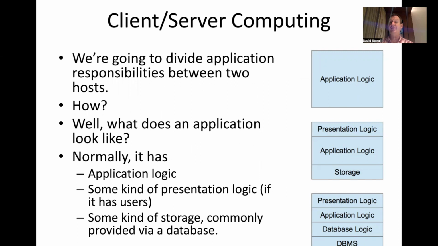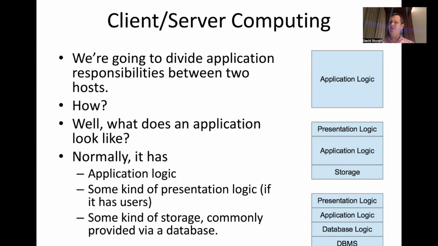Within an application, I'm trying to draw this on the right here. You've got certain code that you wrote that does what the application does, but that code's usually divided into areas of responsibility. You might have some code that shows a user interface to a human user. You might have some code that has persistent storage for that application.